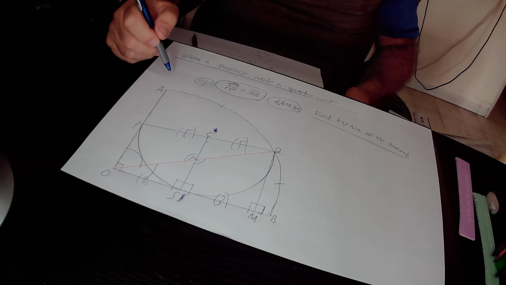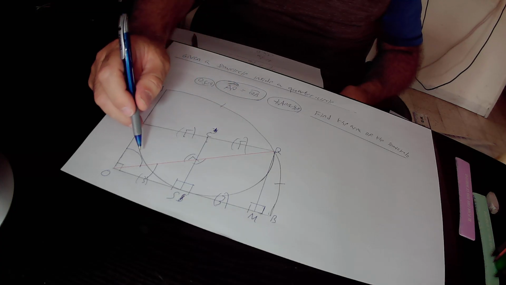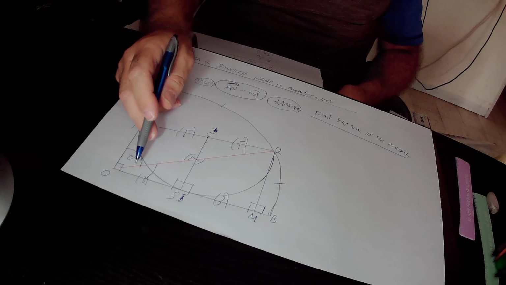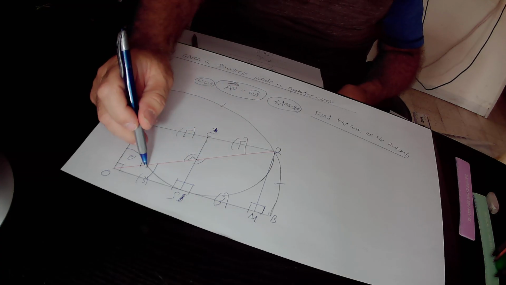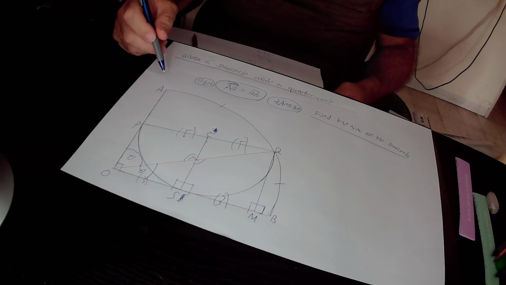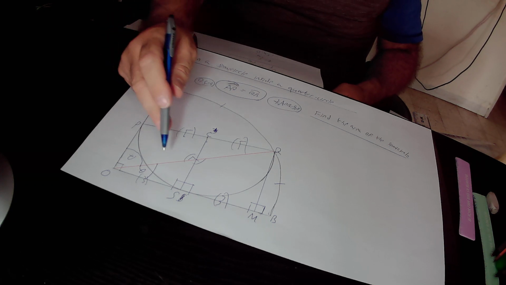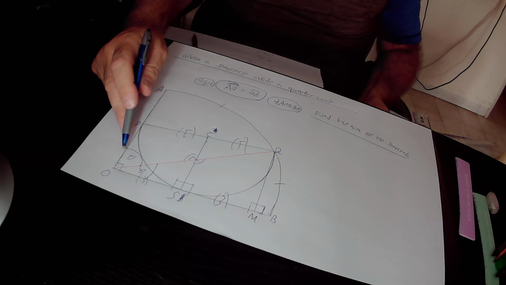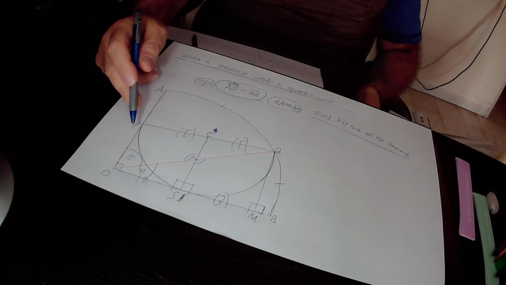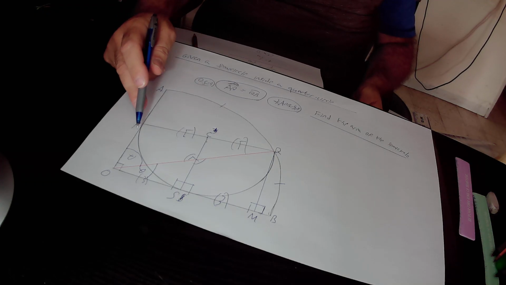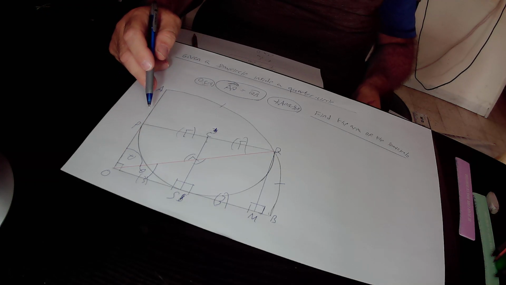So if the size of center angle AOQ is theta, then the size of center angle QOB must be equal to theta because they are equal to each other according to rule 23. AOB is a right angle because AOB is a quarter circle, and this is the definition of a quarter circle. This is always a right angle in any quarter circle.